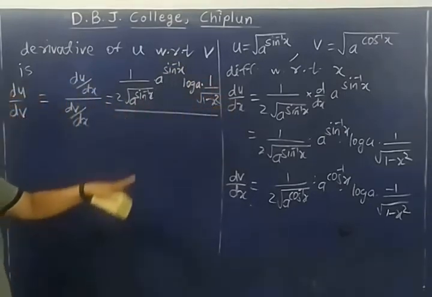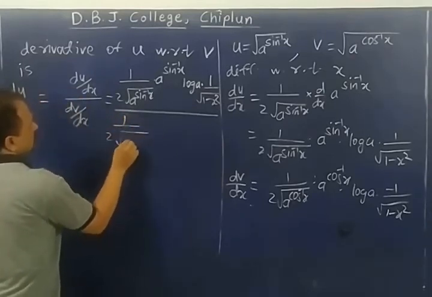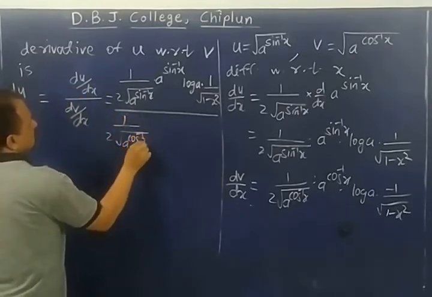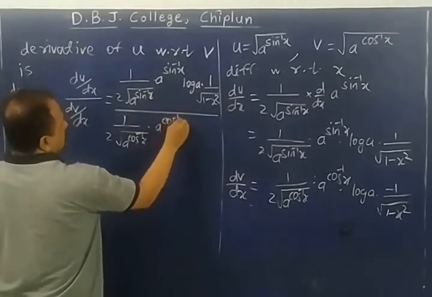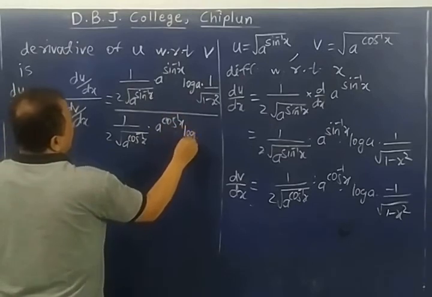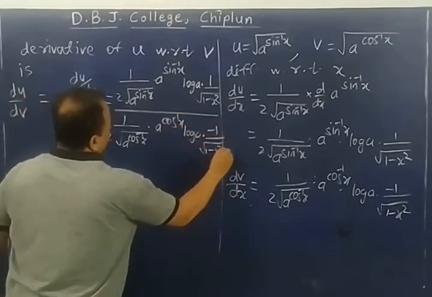The denominator dv by dx is 1 upon 2 under root a raised to cos inverse x into a raised to cos inverse x into log a into minus 1 upon under root 1 minus x square.